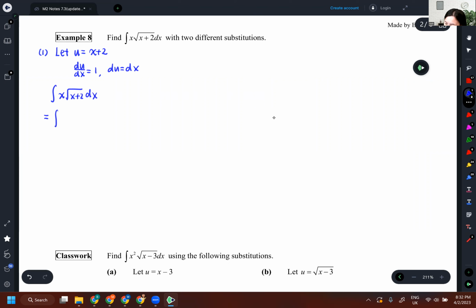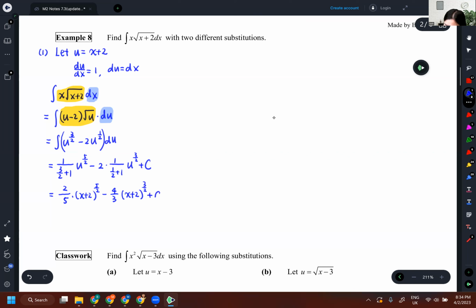So this is 1 over (3/2 plus 1), u^(5/2) minus 2, 1 over (1/2 plus 1), u^(3/2) plus c, and then you work it back. u is x plus 2, so (x plus 2)^(5/2) plus minus 4 over 3 (x plus 2)^(3/2) plus c.